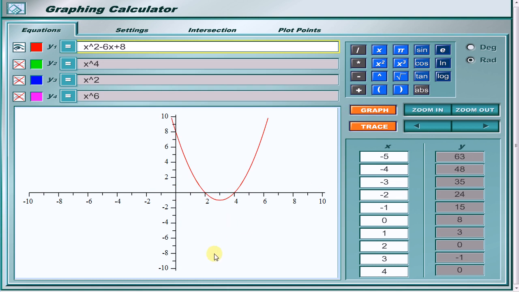Parabolic. Our vertex, 3 comma negative 1. This parabolic shape off to infinity. And I'll zoom out a little more. You can see that it crosses the x-axis at the point 8. So yeah, if this is what you got as far as your shape goes, good job.